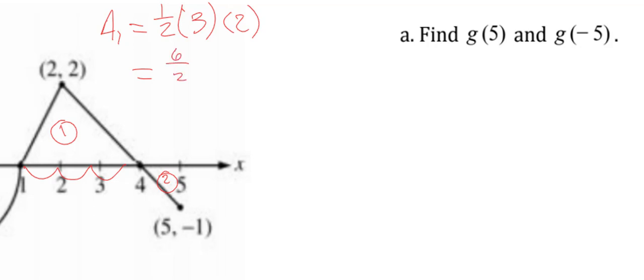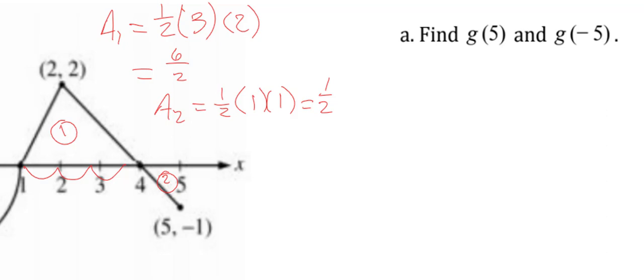I'm not going to bother simplifying it, and you'll see why in a little bit. The area for our second triangle is 1/2, and the base and the height are both 1, so we get 1/2. So the area for the first triangle is 6 over 2, or 3 if you reduce that, and the area for the second one is 1/2.